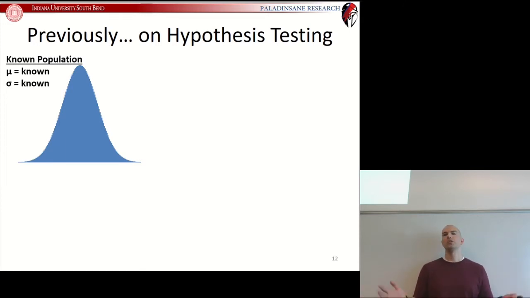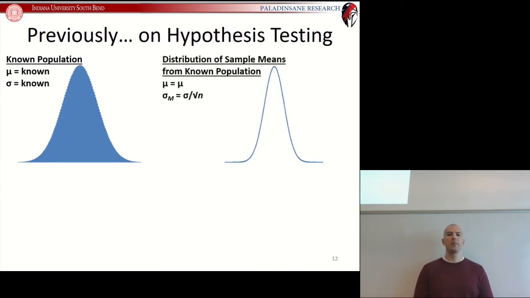You very rarely know the mean of the population that you're working with, and you very rarely know the standard deviation. And that means that when we're figuring out our distribution of sample means, we're going to run into a problem, because if we don't know the mean and the standard deviation of the known population, we're not going to be able to determine the distribution of sample means, our comparison distribution.